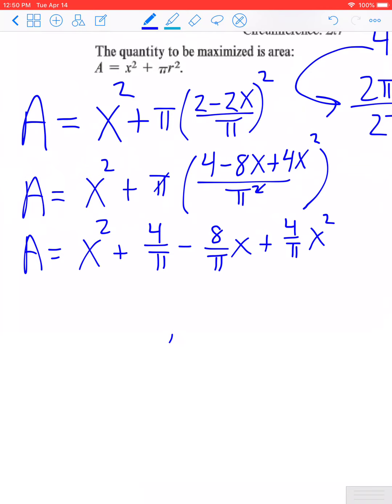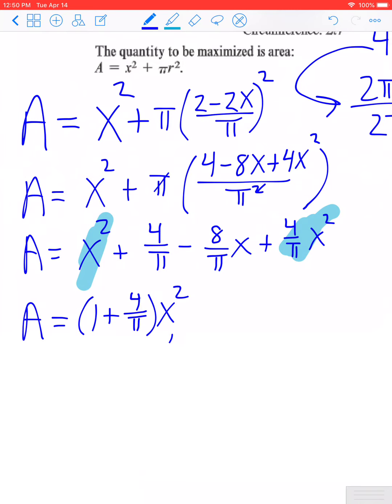From here, we do have some like terms. We have an x squared, and we have a positive 4 over pi x squared. We can't add the coefficients in the normal sense, but one of the things that we could do is at least factor out the x squared. So we would have (1 plus 4 over pi) x squared, minus 8 over pi x, plus 4 over pi.